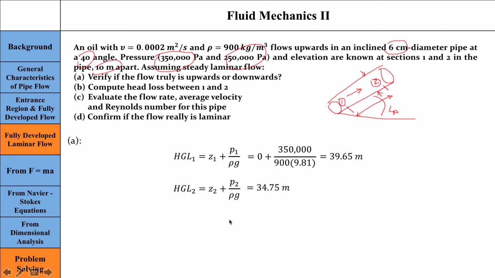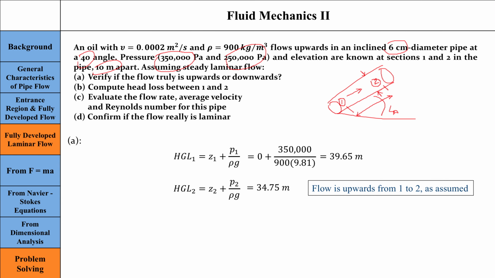And now what does this show me? Because the HGL at 2 is lower, that means flow goes in that direction, because flow goes in the direction of a lower HGL. And it means that we were right in assuming that the flow was upwards in the first place.